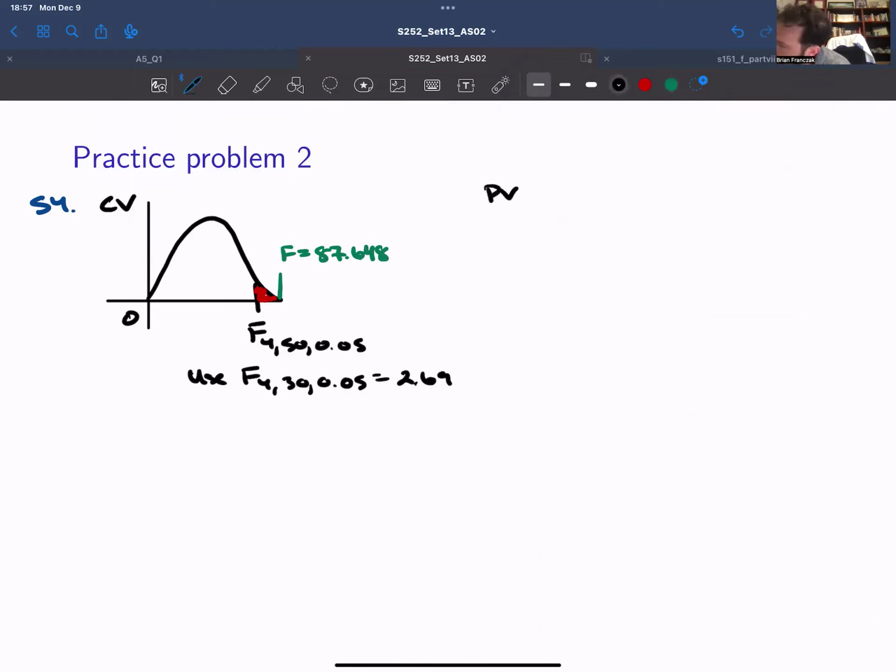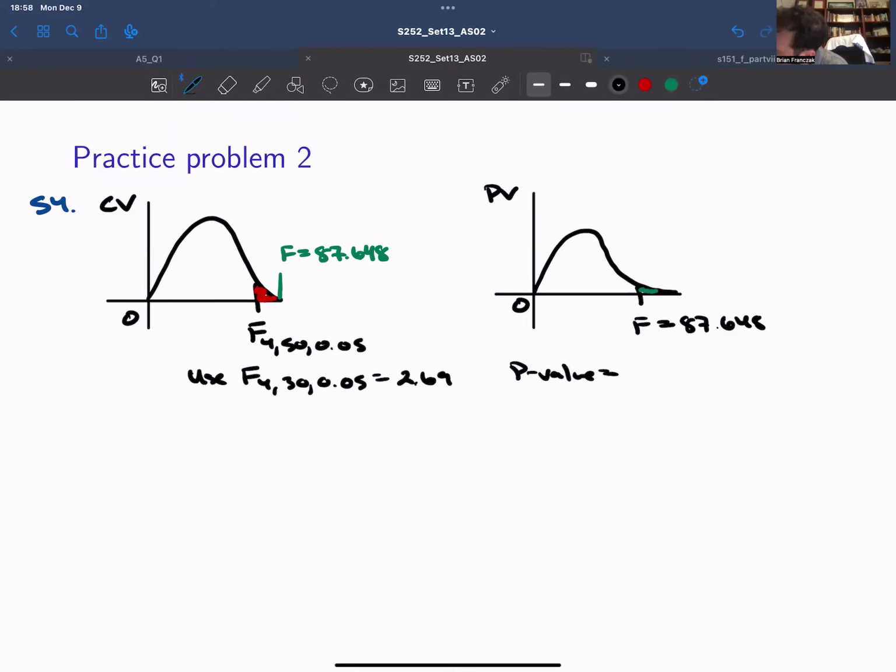And then if we take the p-value approach, well, it's a better F curve on the second try. All right, so this is going to be a very small value, but strictly speaking, we would have a p-value, which is the probability in this case that an F exceeds 87.648.